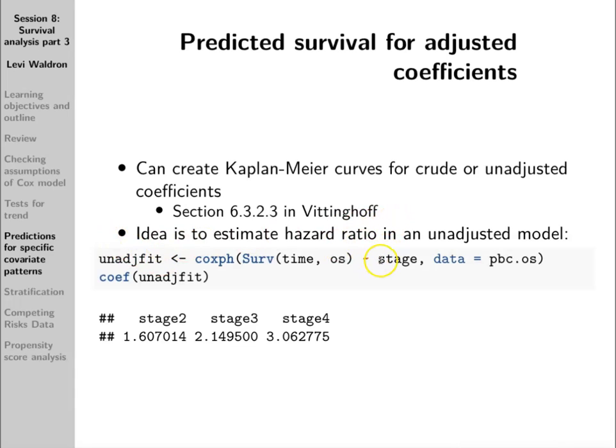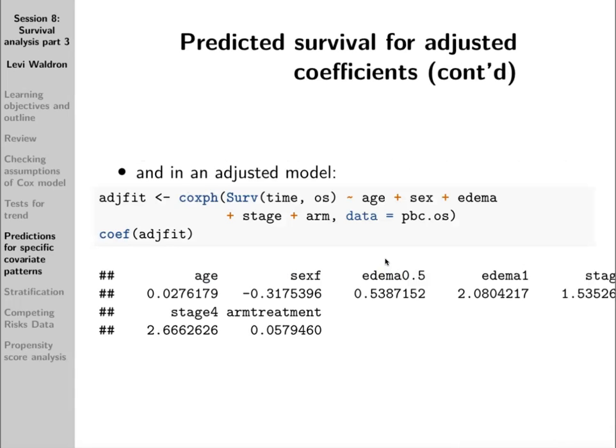So here's that model that we fit before with just stage as the predictor. These are the unadjusted coefficients. And then I'm going to do it again in an adjusted model where I again have stage, but I have all of these other variables in the model as well.